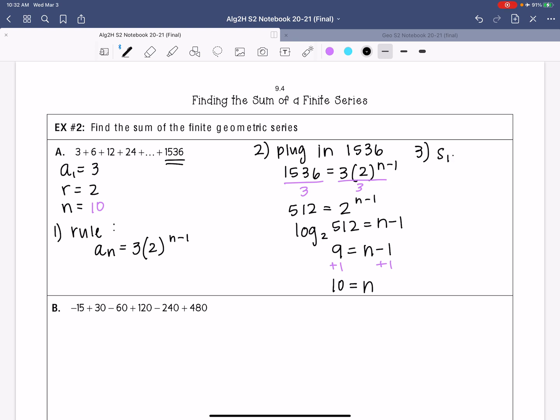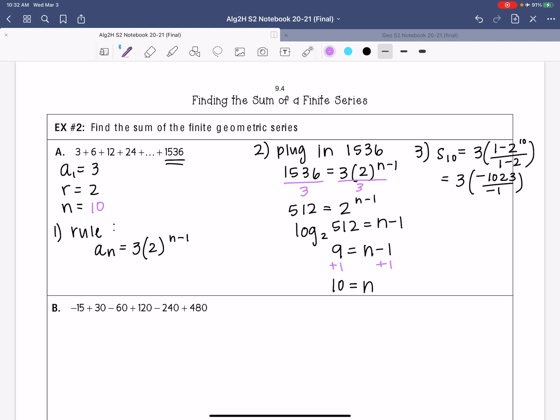So S of 10 is equal to A1, which is 3, times 1 minus my R to the nth power, to the 10th power, divided by 1 minus R. So we're going to get 3 times 1 minus 2 to the 10th power, which, using a calculator, is negative 1,023 over negative 1.